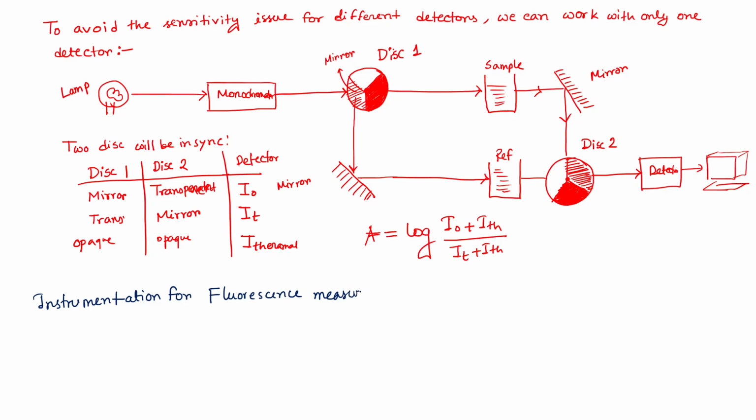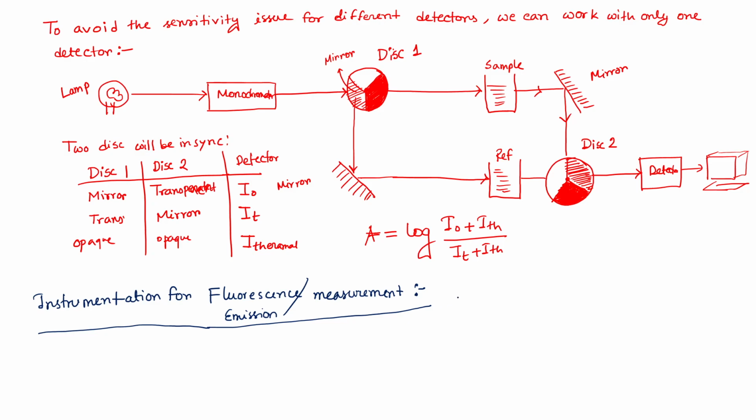Or rather, not just fluorescence, we can write emission, right? Because most of the time we measure fluorescence, but phosphorescence measurement can also be done. But for phosphorescence measurement, something else is also involved, which is beyond the topic of what we are discussing right now. But mostly by emission I mean fluorescence.